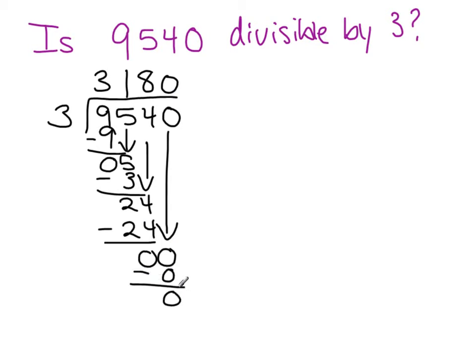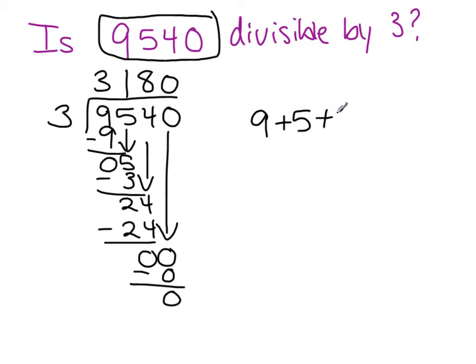But instead of having to do the long division, especially if we ended up with a longer number that wasn't nice to us, we can take the digits of this number and add them up. And if that number is divisible by 3, then the original number is divisible by 3. So the digits, we have 9 plus 5 plus 4 plus 0.